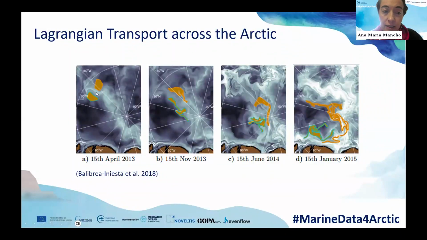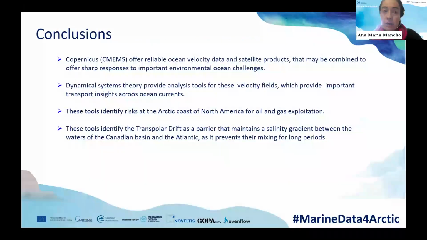And what we see is that these 2 blobs really take a long time to mix. After 2 years, they only mix here in this area, close to the land, to the North America coast.